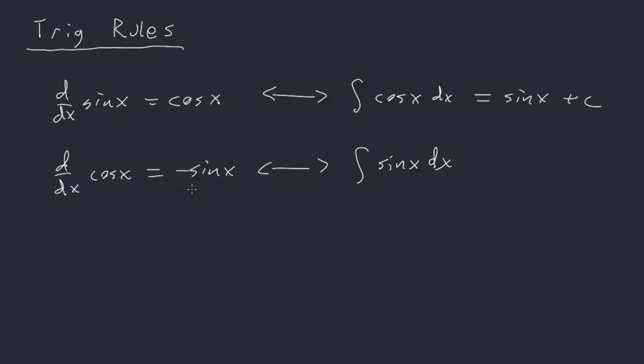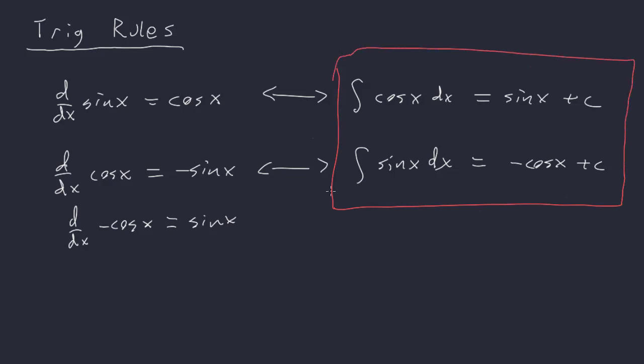Because if we move the negative over, the derivative with respect to x of negative cosine x will be positive sine x. And that's what we're looking for. We're looking for the function whose derivative will be sine of x. In this case, it's negative cosine x plus c.